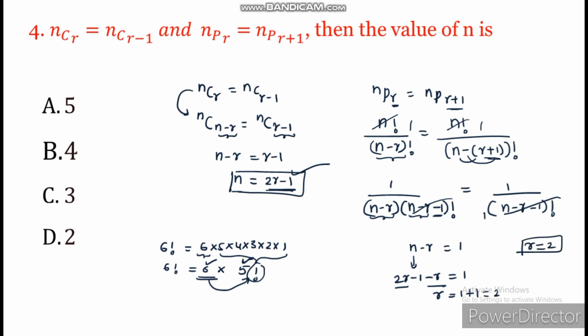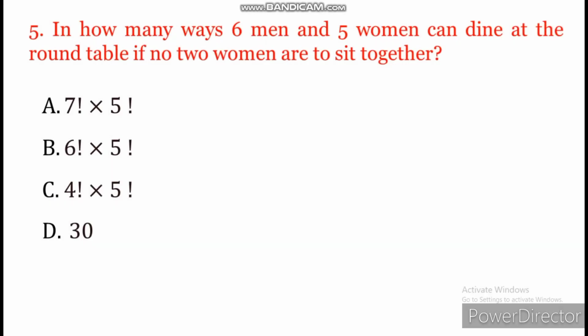And we know n minus r equals 1, n minus 2 equals 1. Minus 2 this side, plus 2, 1 plus 2 is 3. So the value of n is 3. Which option? Option C, 3.